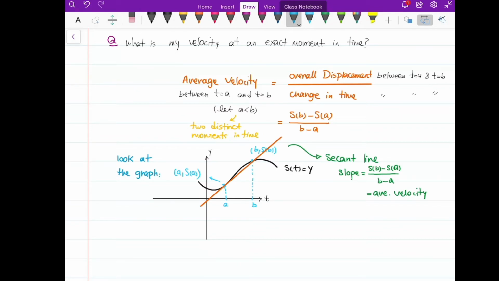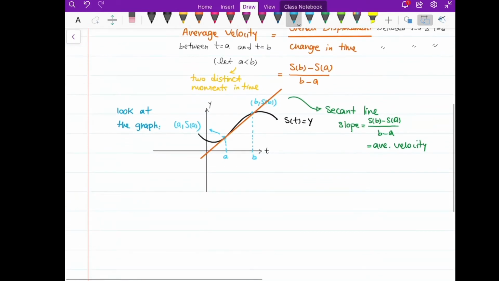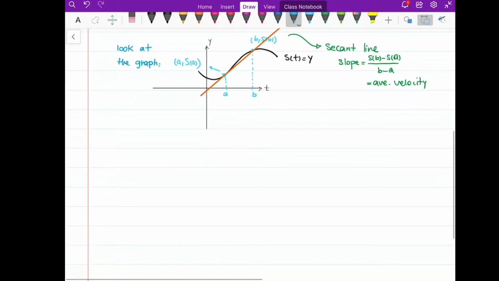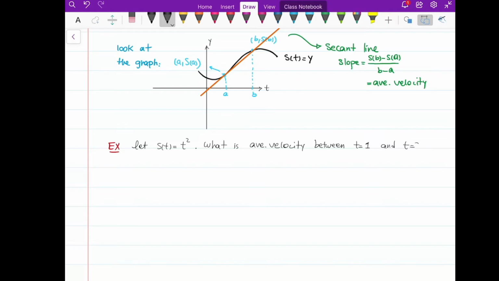We have this situation. Let's go over one example to see how that works. So example, let s of t be t squared. The question is, what is the average velocity between t equals 1 and t equals 2?